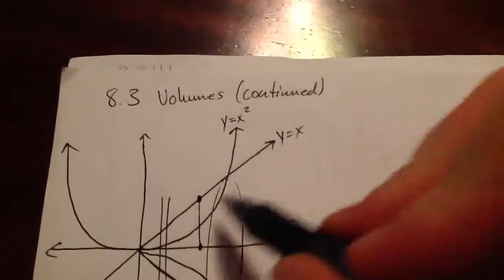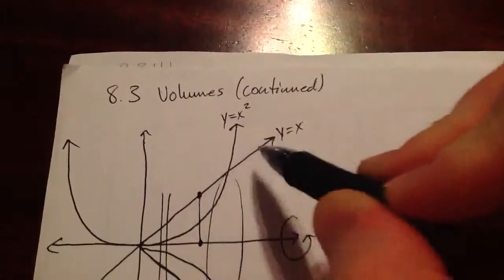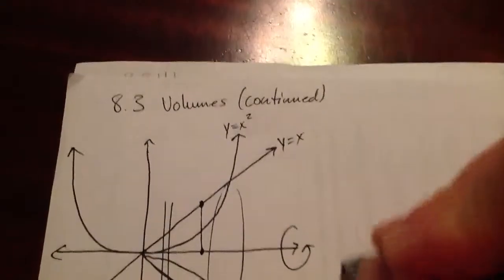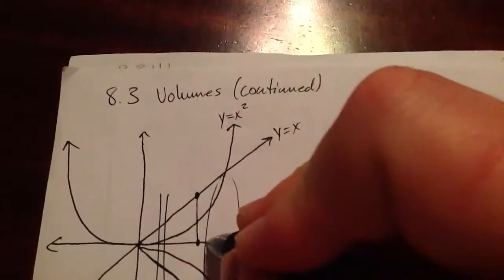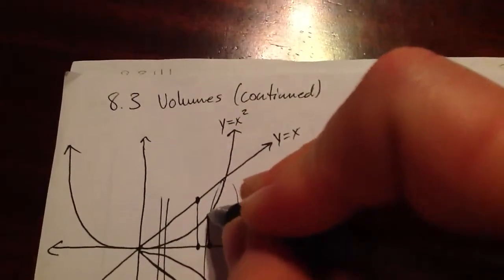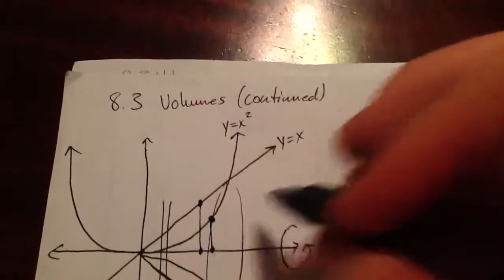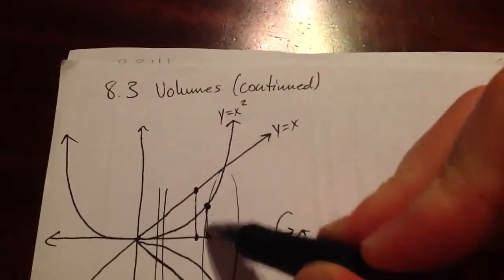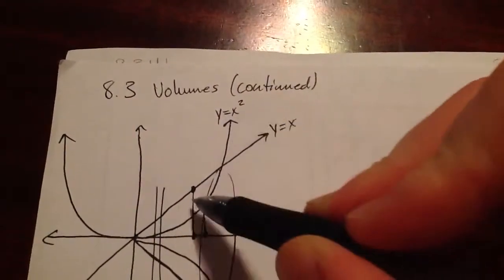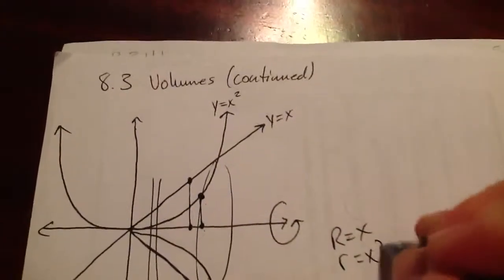Well, that's pretty easy. Isn't that just x? So my big radius is x. What's my little radius? Well, that's pretty easy also, just from there to that curve. This is actually probably easier than what maybe we did yesterday. So from there to that curve, that's my little radius. That's x squared. So the little radius is x squared.